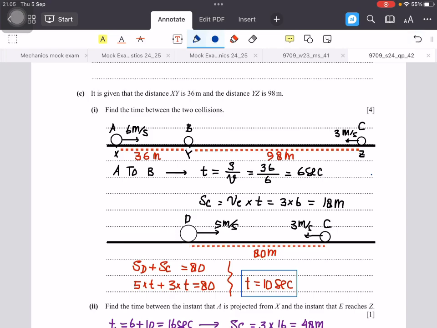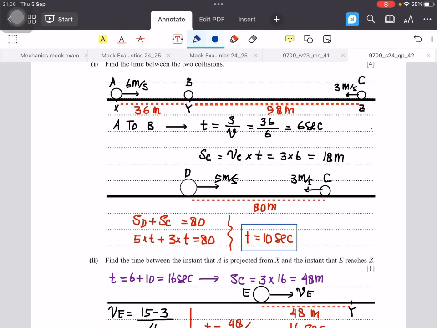After collision, they coalesce and form object D that moves 5 meters per second to the right. And then C has now moved 18 meters during these 6 seconds. So now the distance between D and C is only 80 meters. It is from 98 minus 18. So 80 meters.